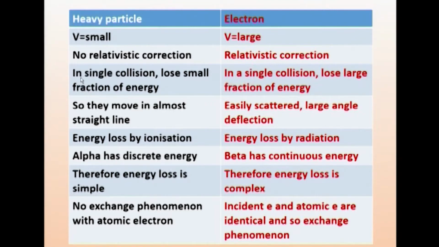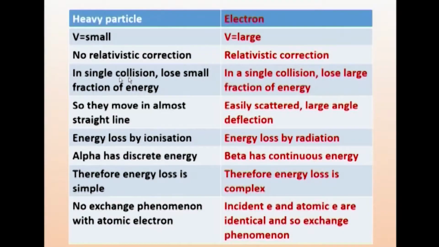And if it is a heavy particle, in a single collision, it will lose only a small fraction of energy, because it is like a heavy vehicle. Suppose it dashes a wall, the velocity will reduce only to a small extent.